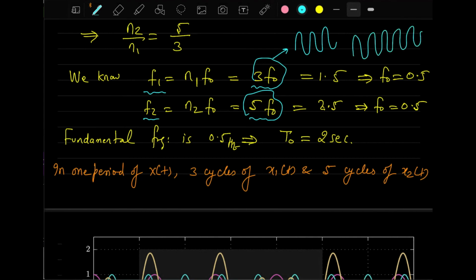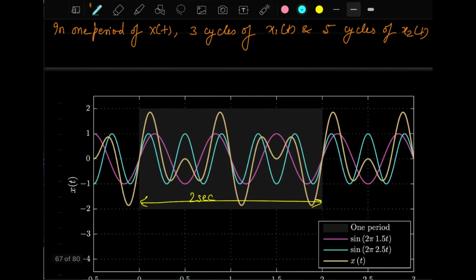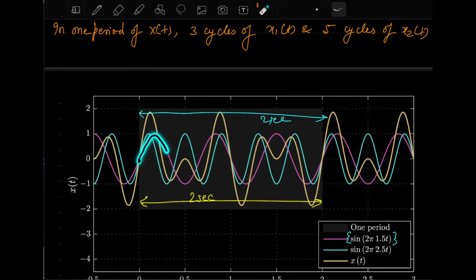That is what it is saying here, that f1 is 3f0 and f2 is 5f0. Once you simulate it in MATLAB or Python, you can easily observe that in a 2 second interval, your x1t, which is shown by the pink line, will be finished in 3 cycles.